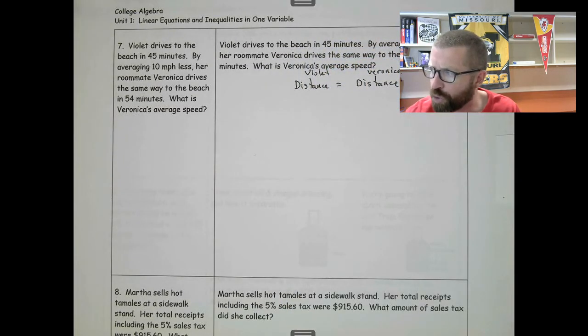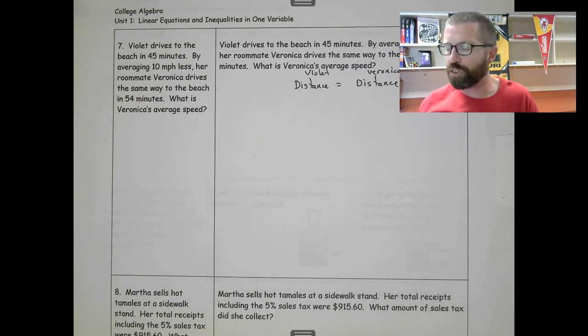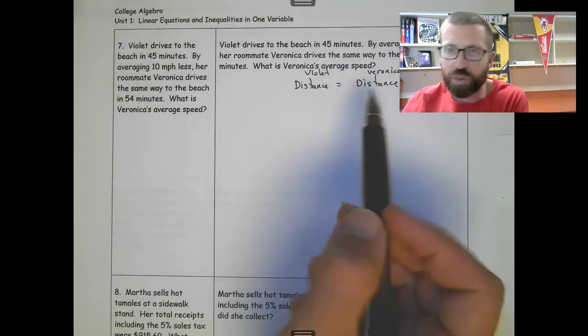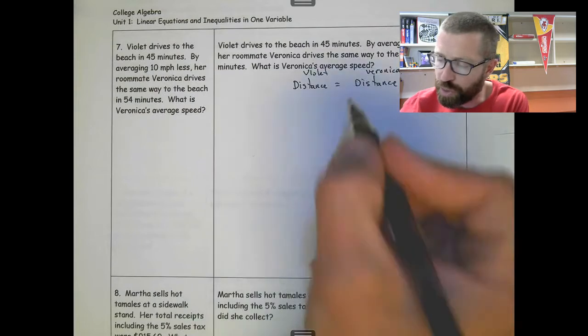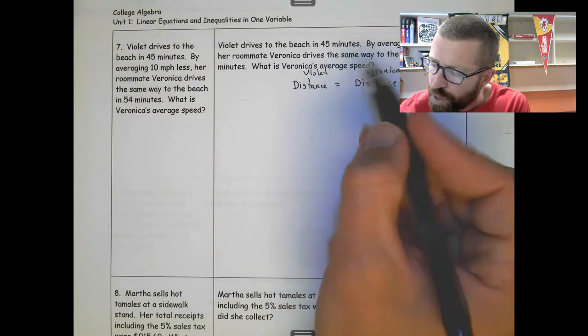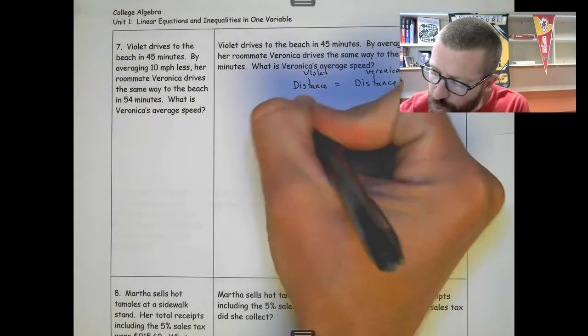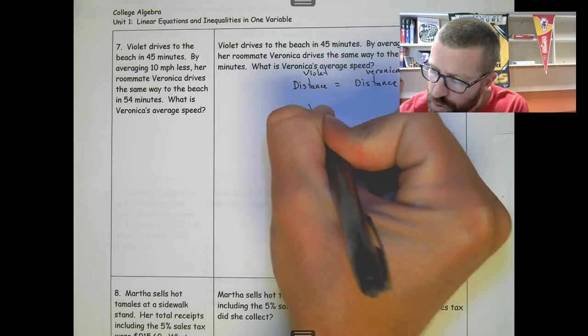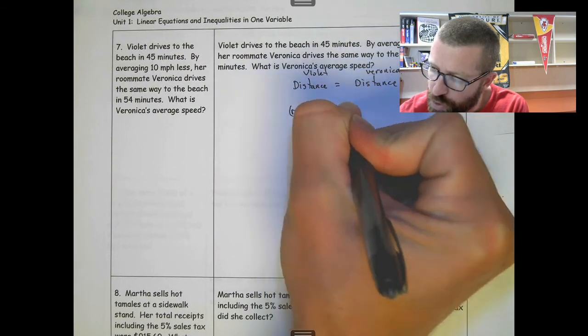Now, you don't have to worry too much about the minutes and miles per hour here. It's kind of a weird exception for some, but because they're equal to each other, the time will cancel each other out, basically is what happens. And so distance is rate times time, and we want to do that on both sides.